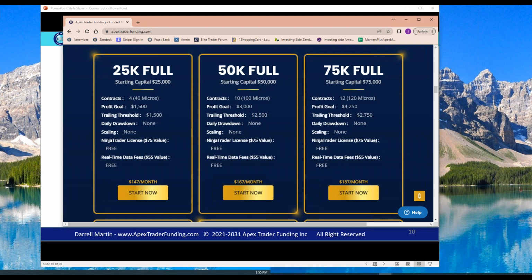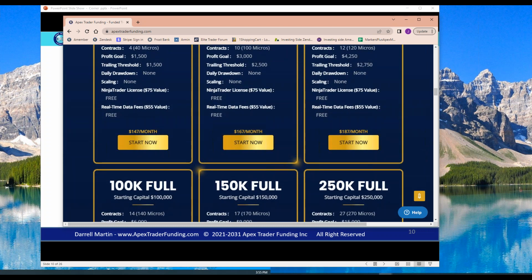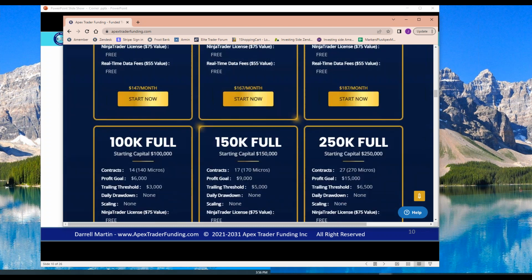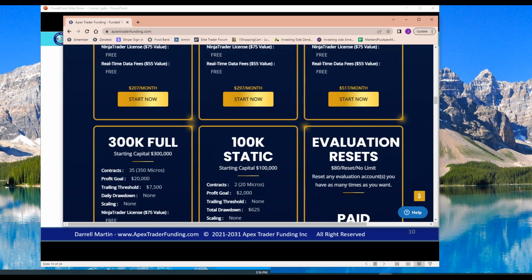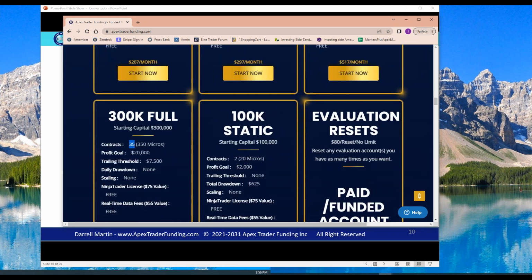Meaning, and we'll talk about the threshold, to pass this, I have to make X amount without losing X amount. So which account do you choose, right? That's part of your question. You've got a 50K account, 100K account. On this 50K account, you can do 10 contracts. Up here on this 300K account, you can do 35 contracts. That's a big difference, right?